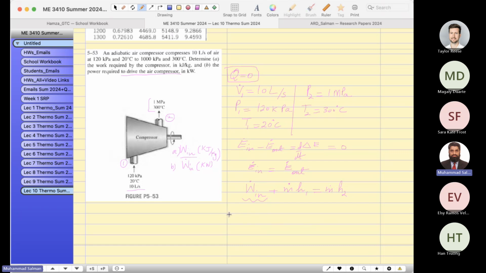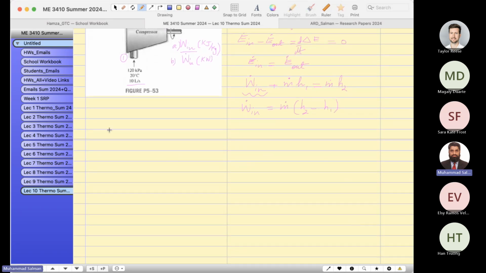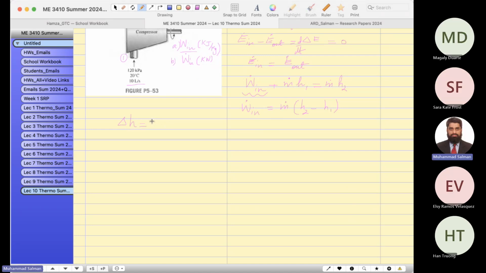Can I write down in terms of kilojoules per kilogram? You can also say W dot in equals m dot times (H2 minus H1). Agreed? Now remember in the previous slides, delta H equals Cp delta T, in Kelvin.